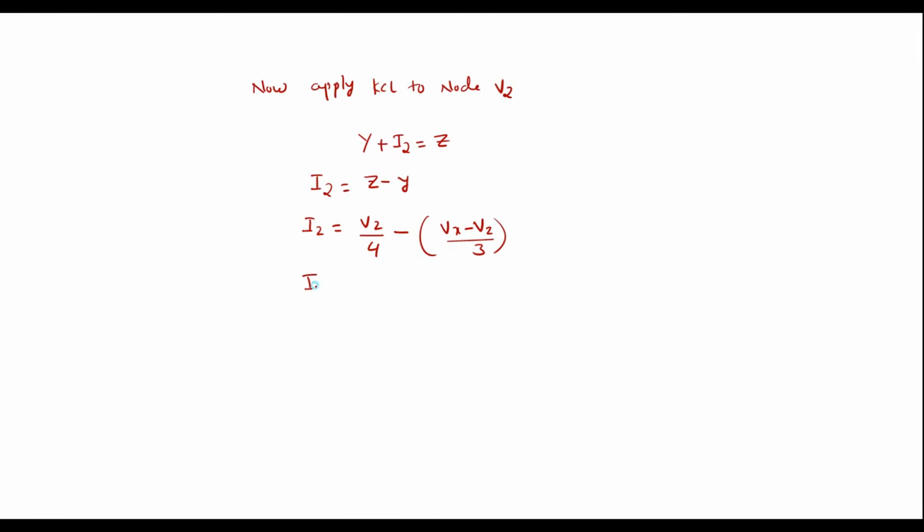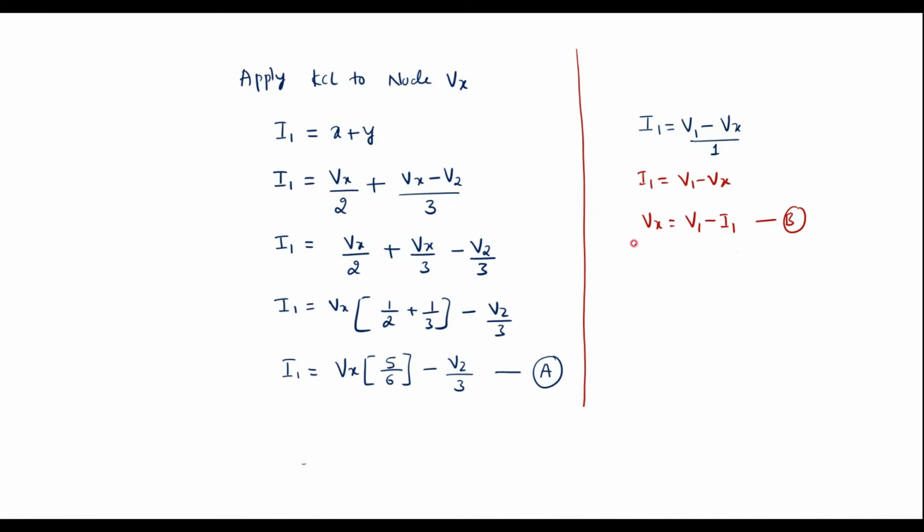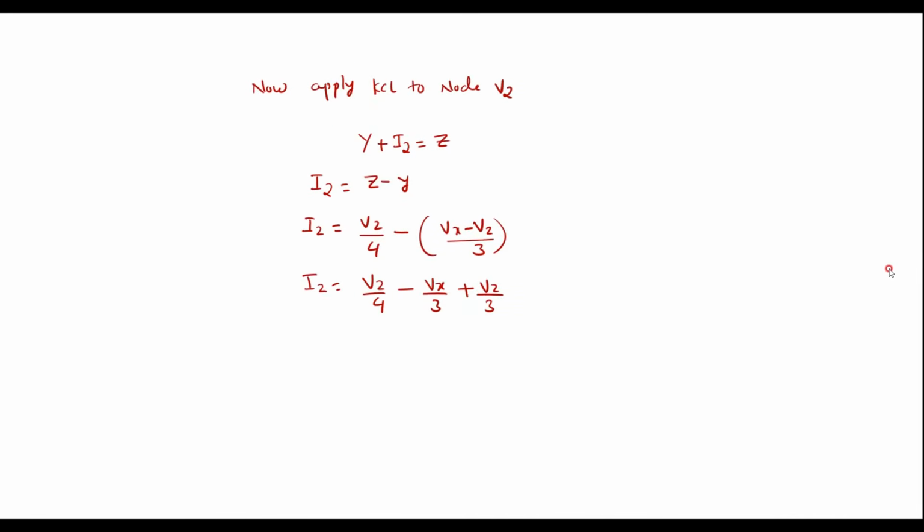Now let me simplify this. I2 is equal to V2 by 4 minus Vx by 3 plus V2 by 3. Now substitute the Vx value from equation B in the above equation.